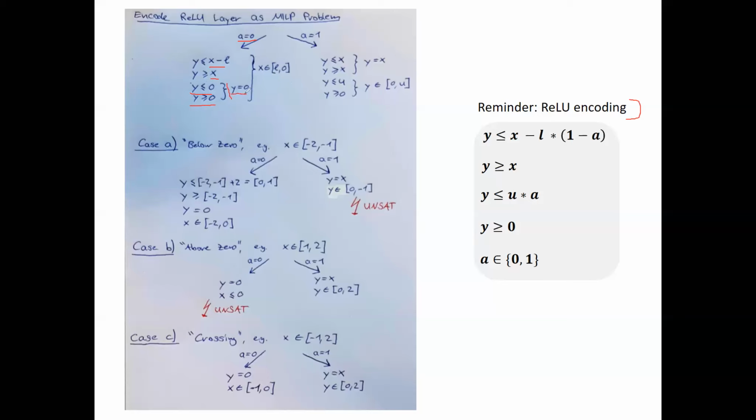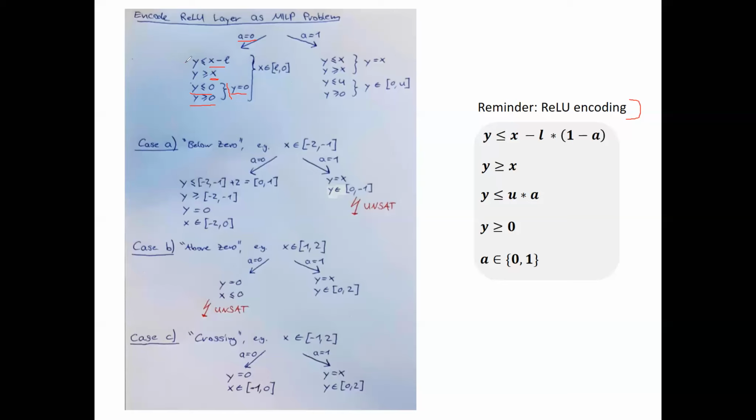All right, so one instance that we're going to get is a situation where y is equal to 0. And if you look at how x is partitioned, x is less than or equal to y, but y is 0, so x is less than or equal to 0. And x is greater than y plus l, just from this constraint over here.